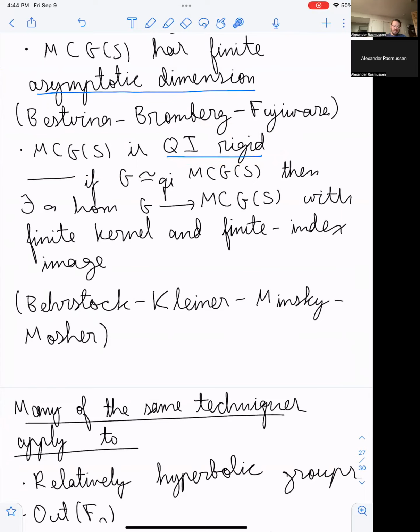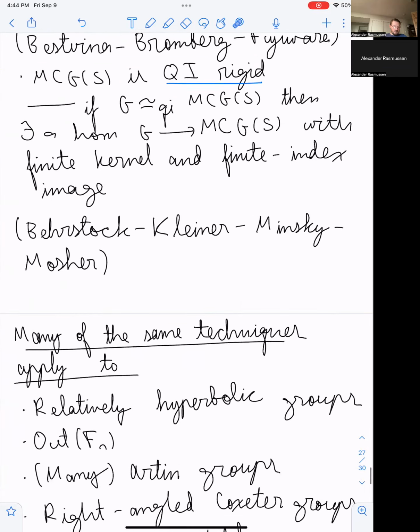Namely, if you have any group which is quasi-isometric to the mapping class group, then it's nearly the same algebraically. So there's a homomorphism from G into the mapping class group, which has finite kernel and finite index image. So this map is nearly injective and nearly surjective. Okay, so again, geometry determines algebra.